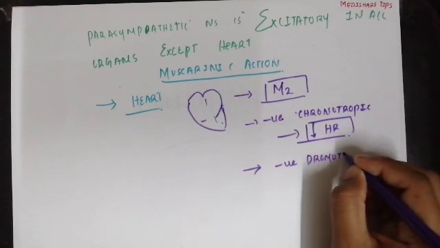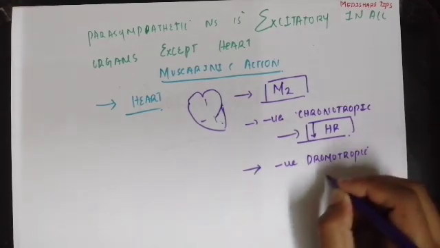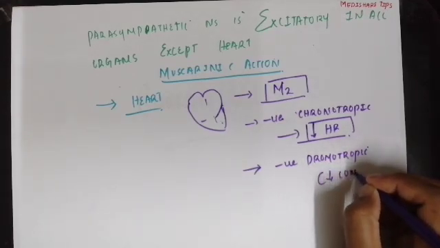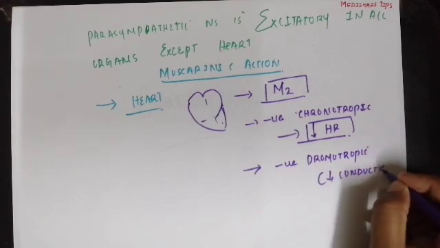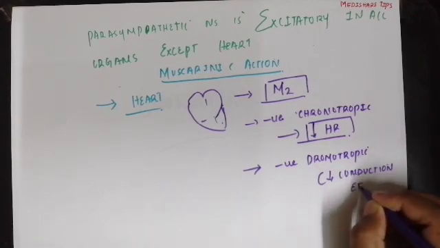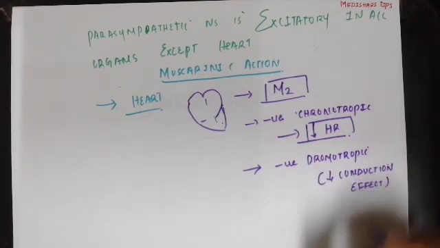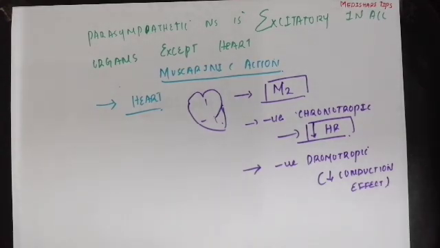Dromotropic means decreased conduction. So the cholinergic system overall has an inhibitory effect on the heart because it decreases the heart rate and decreases the contraction effect on the heart.